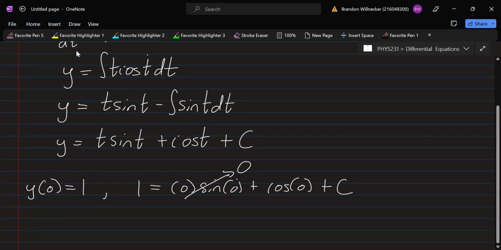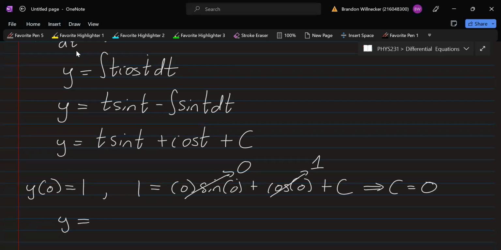The first term vanishes, the second term is 1, so c is going to be 0. Given this initial condition, we have y is equal to t sine t plus cos t plus 0. And then of course that will change if we change the initial condition.